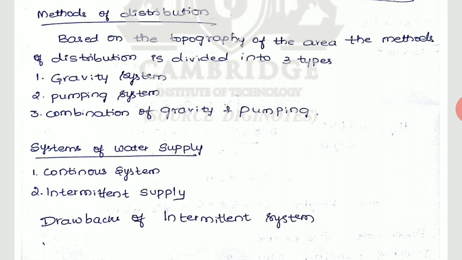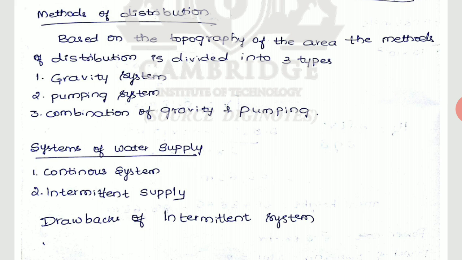And second is pumping system. Pumping system is where the water source is available at the lower altitude and the people are settled at the higher altitude. In this case, the water should be pumped from the lower altitude to the higher elevation.